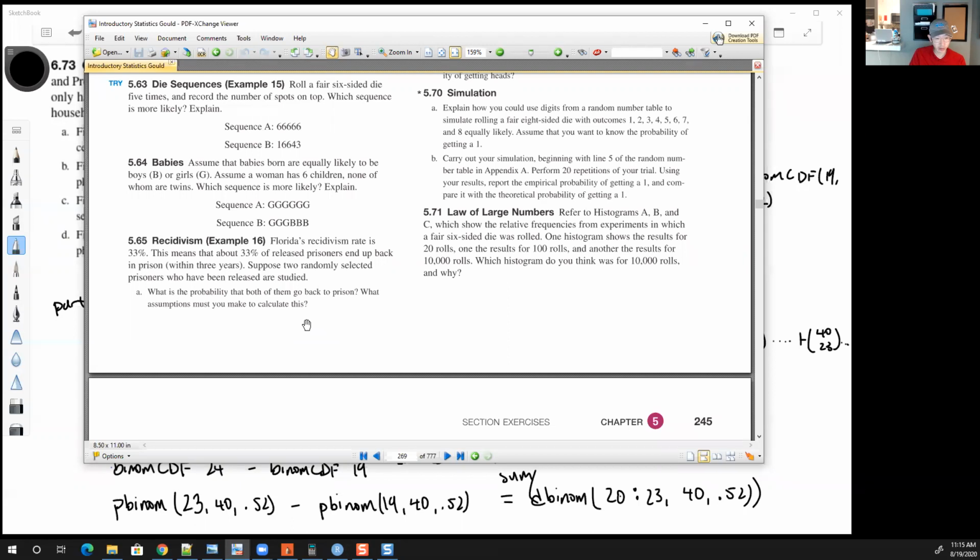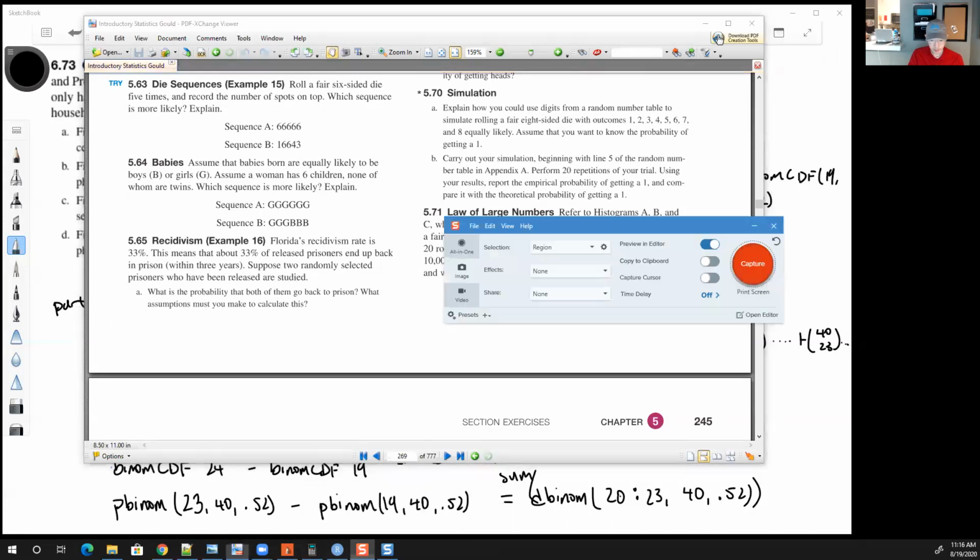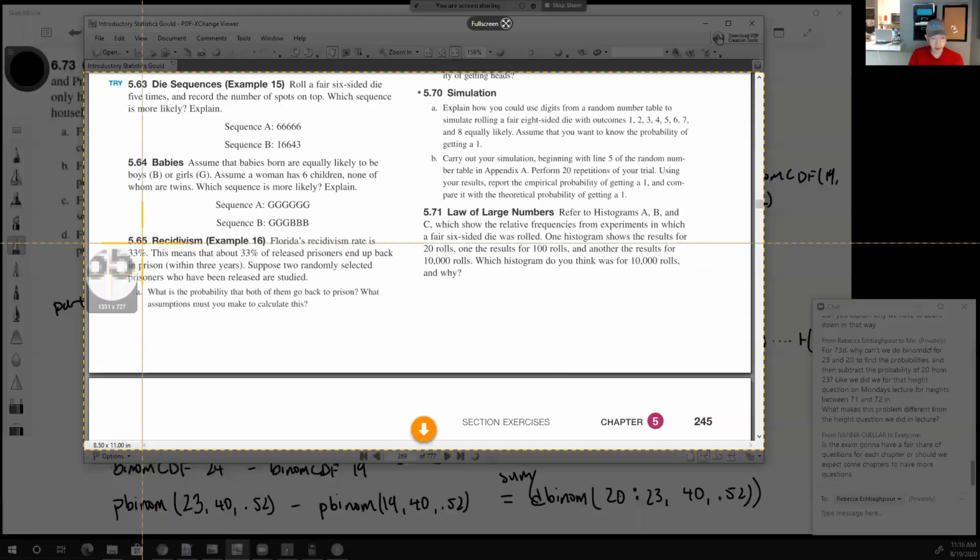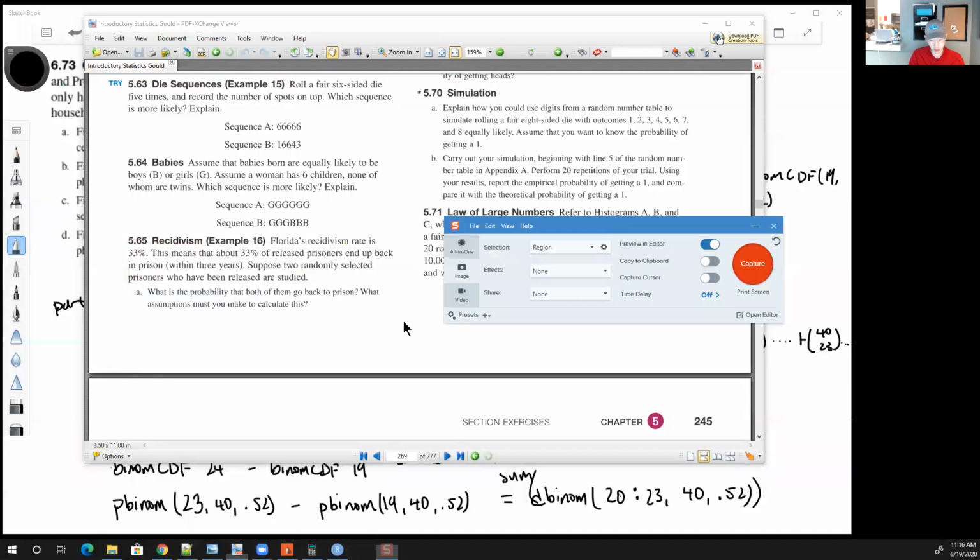That means about 33% of released prisoners end up back in prison within 3 years. Suppose 2 randomly selected released prisoners are studied. What is the probability that both of them go back to prison, and what assumption must you make to calculate this? I hope this is the question you were asking, Alma. Let me know if I'm answering a different question that you did not ask.